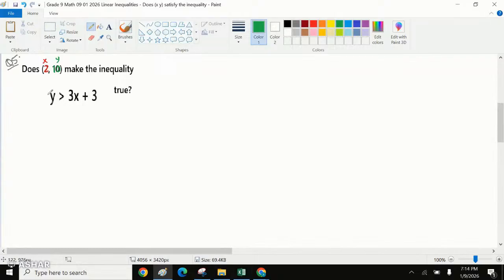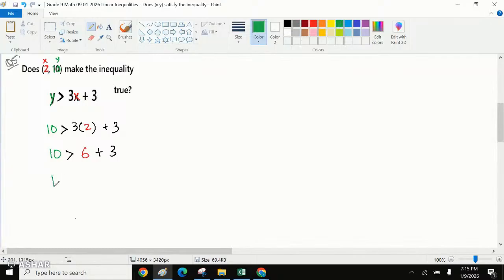So y given was 10. We can write 10. This is a greater sign, y is greater. That means 10 should be greater than 3x plus 3. And the value of x given in the coordinate is 2. So we substitute 2 over here. So can I write this as 10 is greater than 6 plus 3?